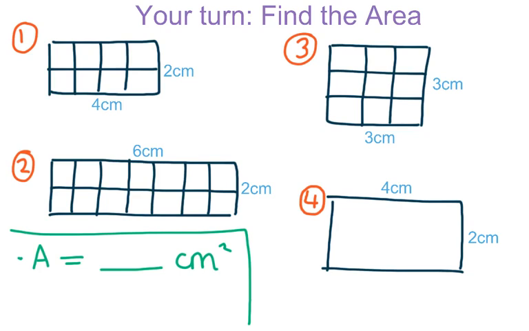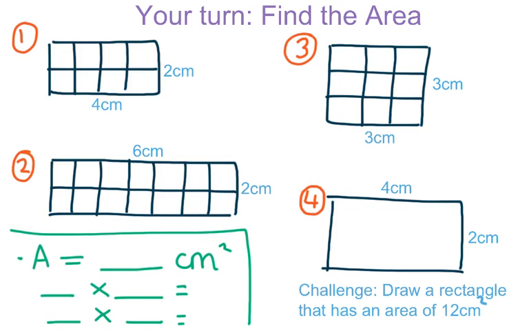And then, like we did in the example, can you write two number sentences that are multiplication sentences to help you prove that the area that you have counted is the area that we have. Now, question number 4 is a little tricky because I haven't split the shape into the smaller squares. You can if you want to, but that is up to you. You might just want to do the multiplication yourself.